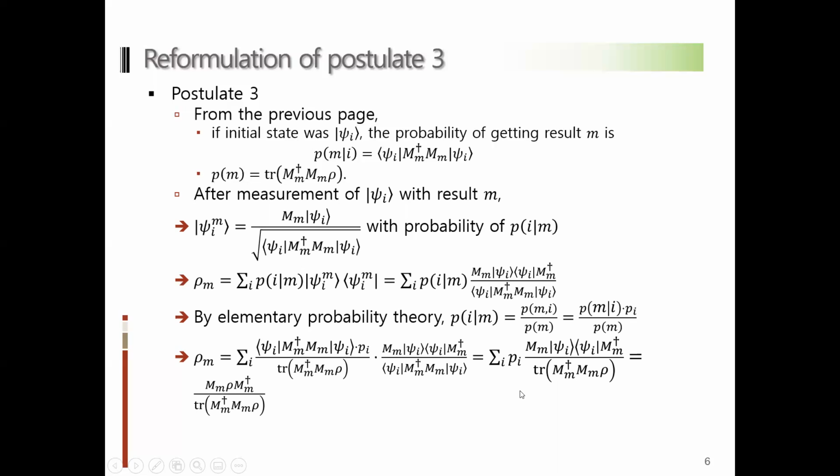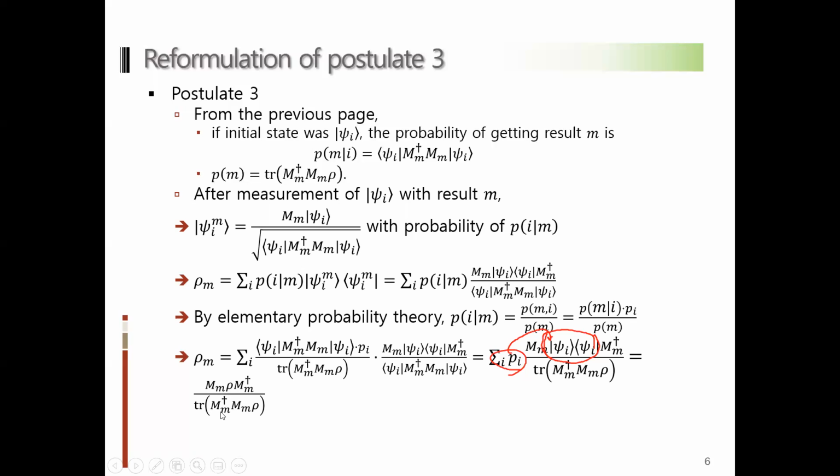Now you can see these are again the linear operator M sub m, so we can move this p sub I between these two operators, and even the summation can go between these two operators. If you move these between here, then everything inside can be replaced simply by the density matrix.